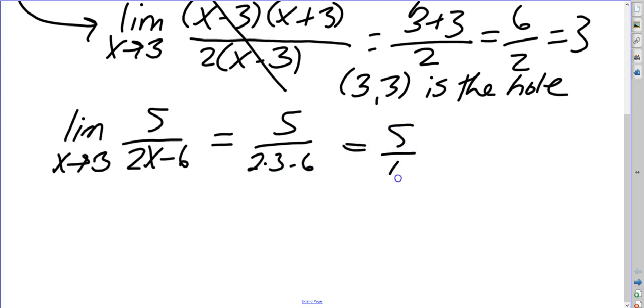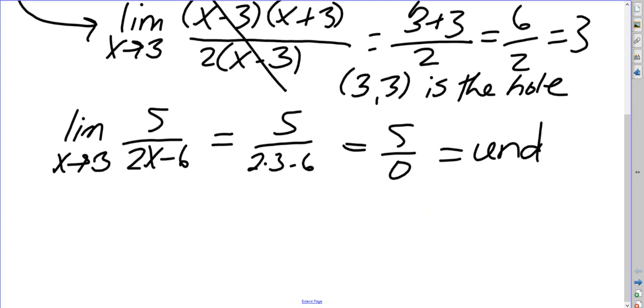That's 5 over 0, which is an undefined number. But unlike the other undefined number we got, 0 over 0, there is no common factor in the numerator and the denominator. There is a factor of x minus 3 in the denominator, but not in the numerator. So I cannot get rid of this discontinuity. This is what's called an infinite discontinuity. You can't find a limit for this one.